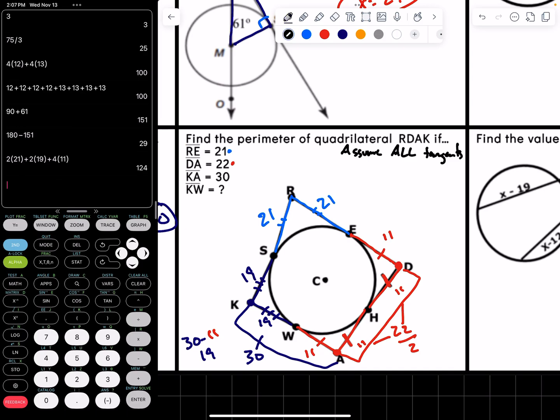So by adding all those up, we had our 2 19s, we had our 2 21s, and we had our 4 11s. They all add up to equal 124.